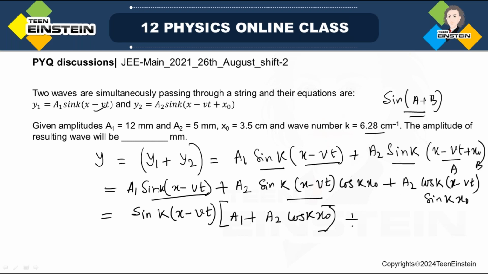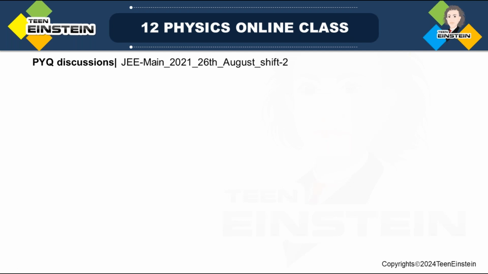And here, let us say this a2 sine k x0 cos of k(x minus vt). So sine a cos b, like sine and cos.